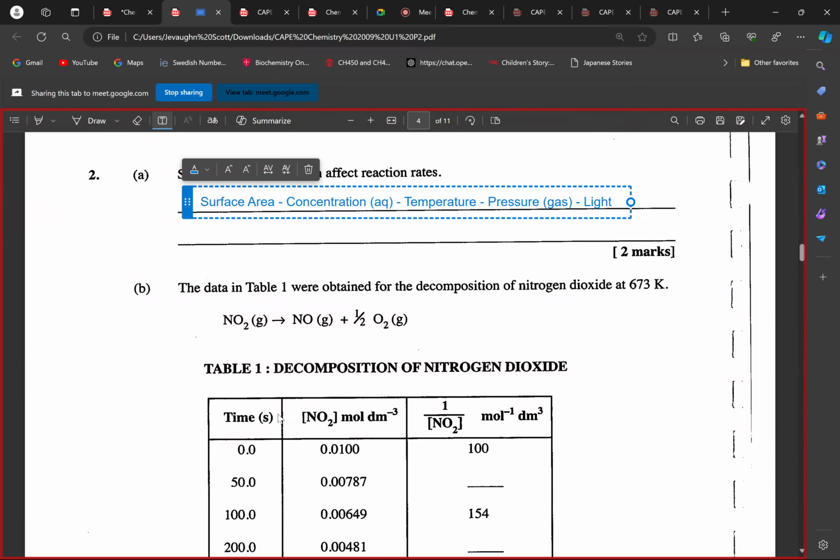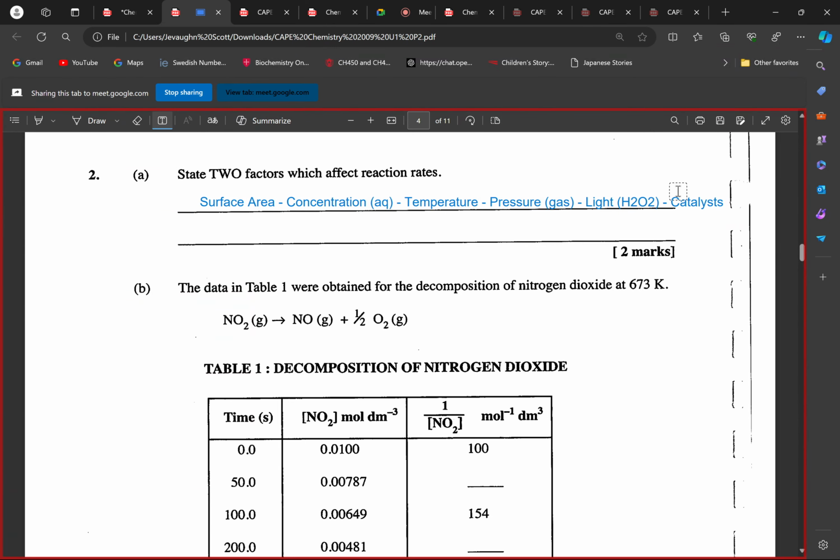It's dependent on different things. And what we should know at this level is that catalysts, like H2O2, can also affect it. Light can affect the rate of reaction, especially when we look at the decomposition reactions of hydrogen peroxide, where light is the main thing.